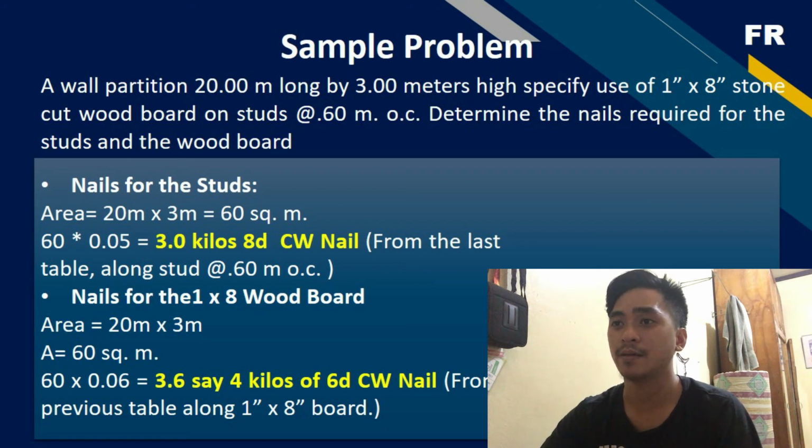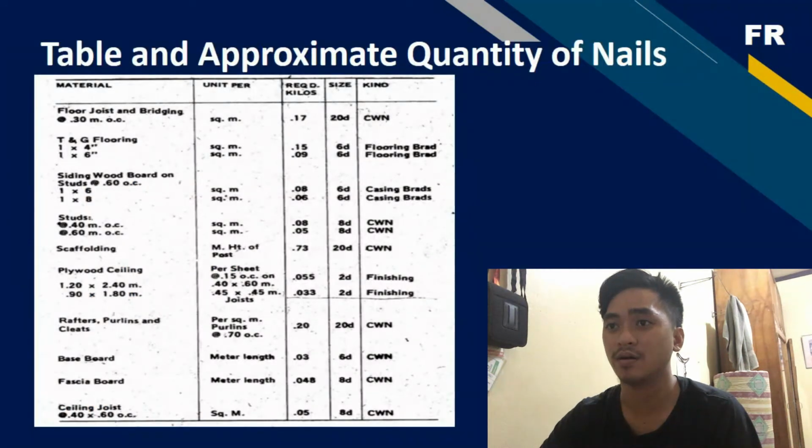Going back to the table, if you look at the stud, it is highlighted here, the 0.60 meter OC. So we are going to multiply the area by 0.05.